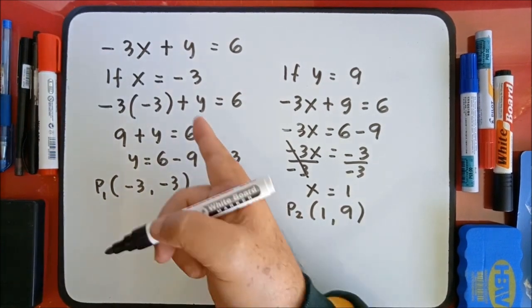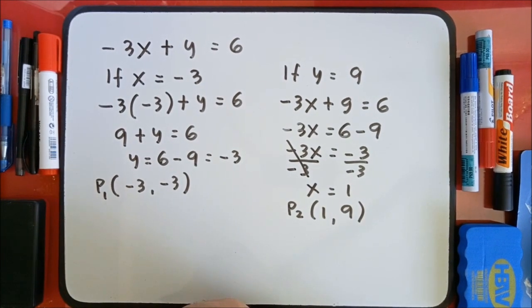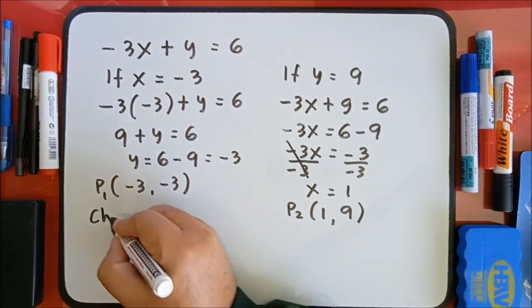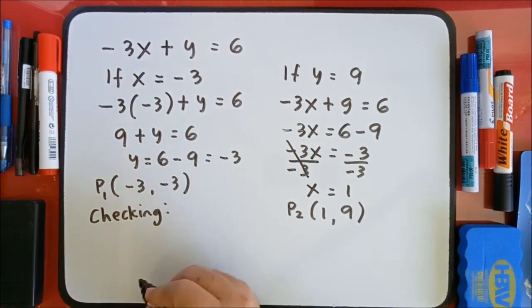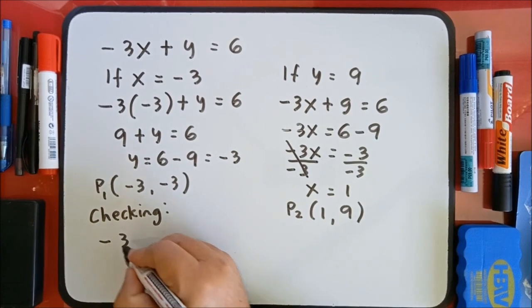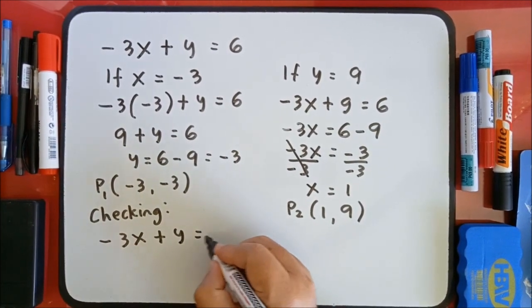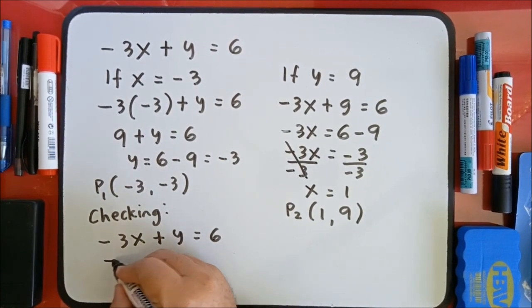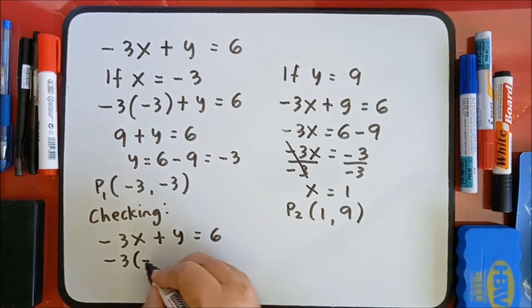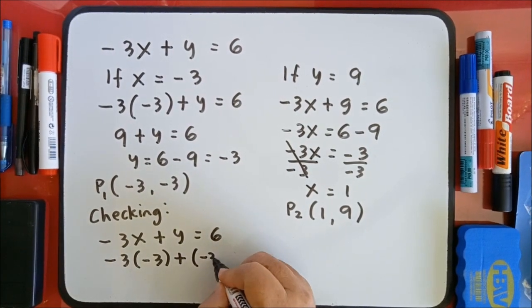Will this satisfy your equation? Are these points the root of the equation? Let's check. This is your equation. Your abscissa is negative 3 and your ordinate is negative 3.